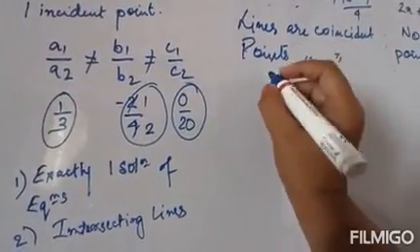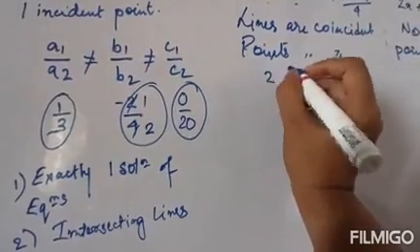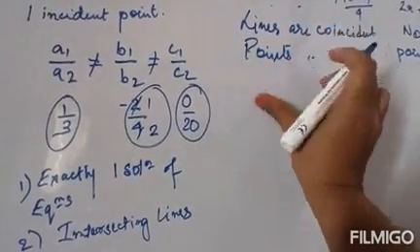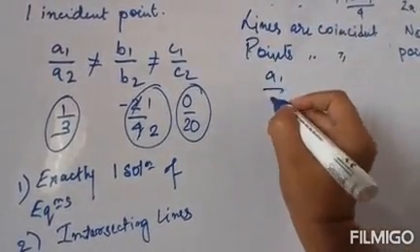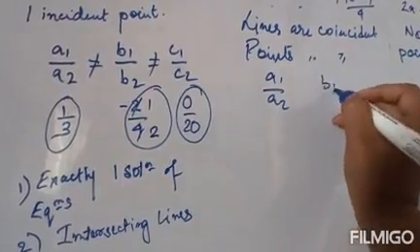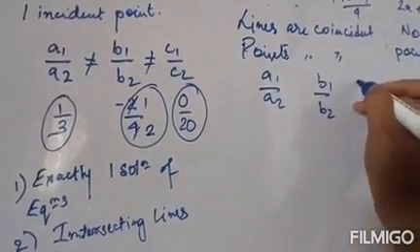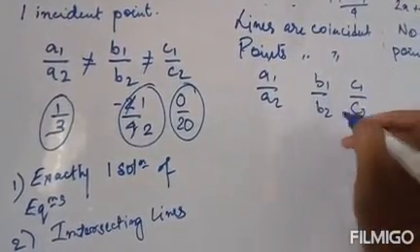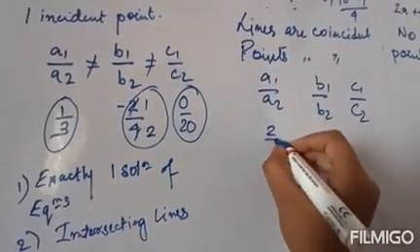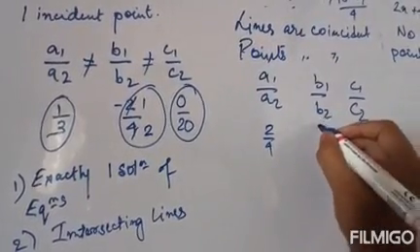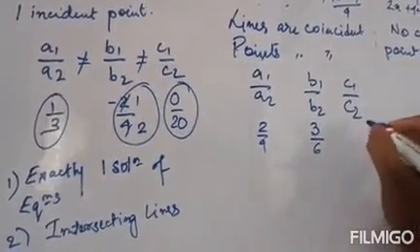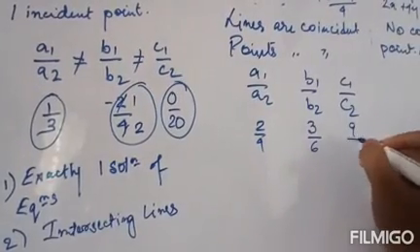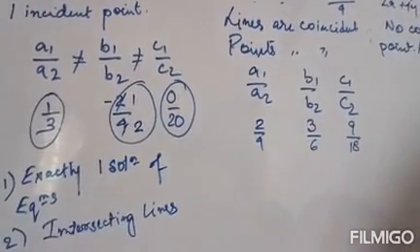From the second one, let us see. It is A1 A2, B1 B2, C1 C2. What do we see? 2 by 4, 3 by 6 and 9 by 18.